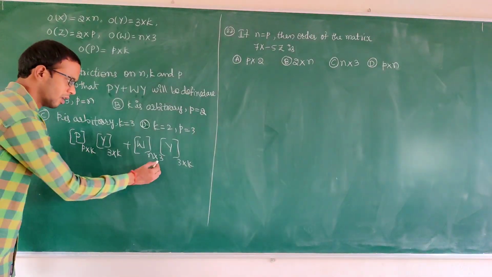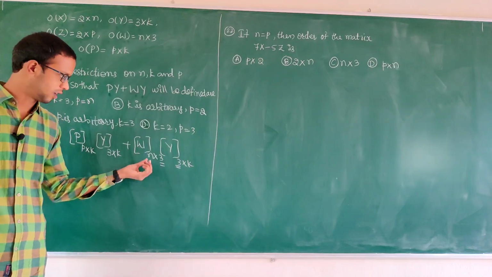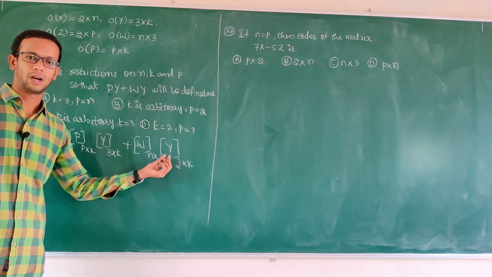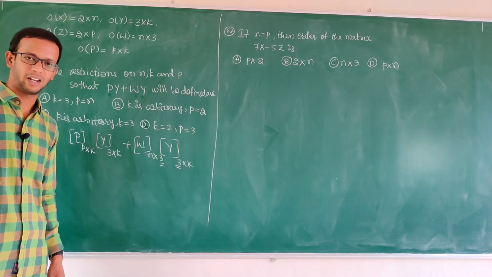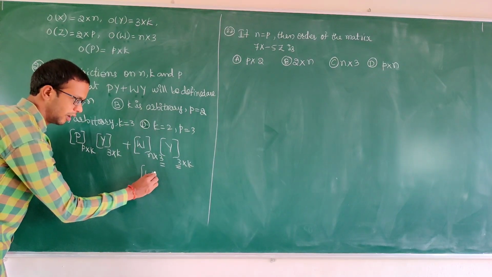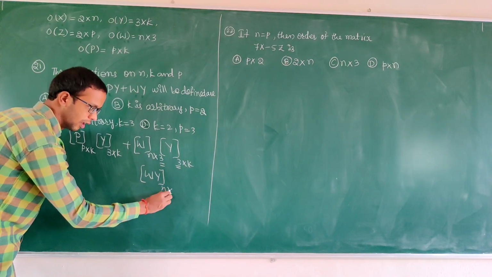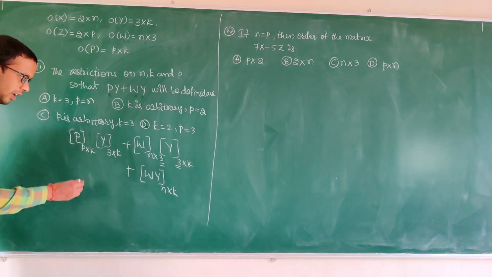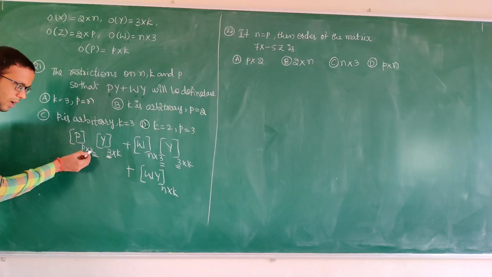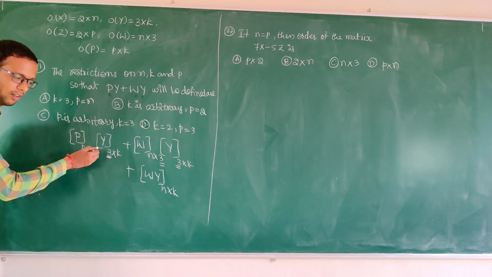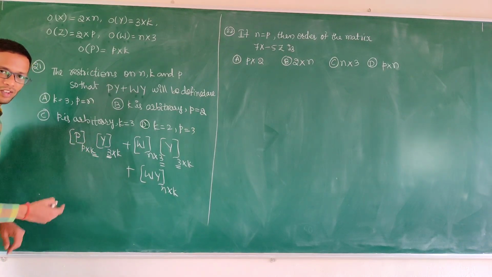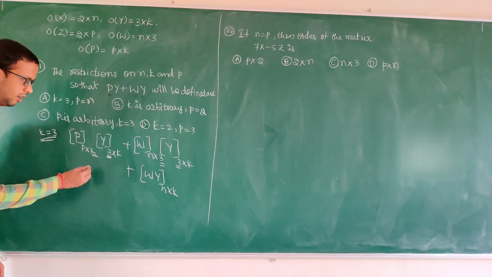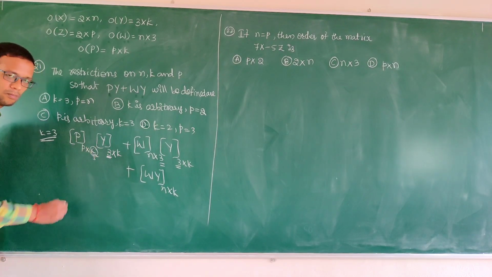You observe here, number of columns in first matrix is equal to number of rows in second matrix. So both multiplications exist. So result wy, what you will get, n by k. Plus here you observe number of columns in first matrix is k, second matrix is 3. When multiplication exists, k compulsorily equal to 3, then only multiplication exists.